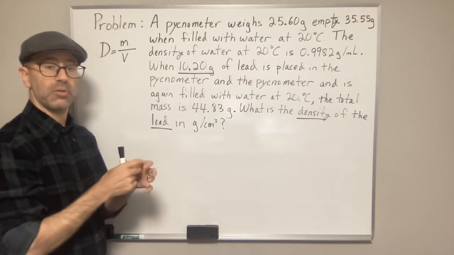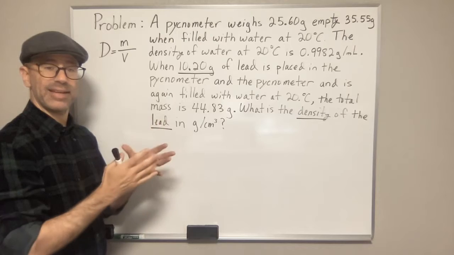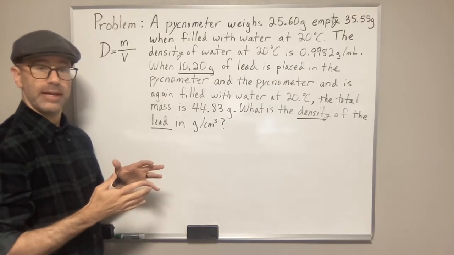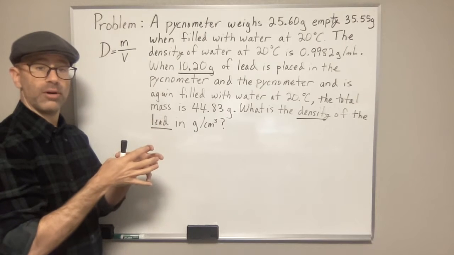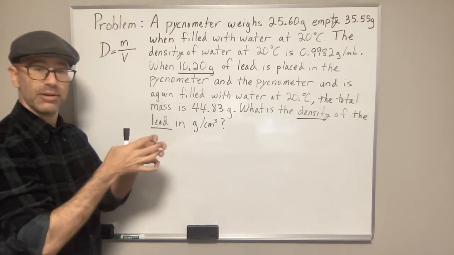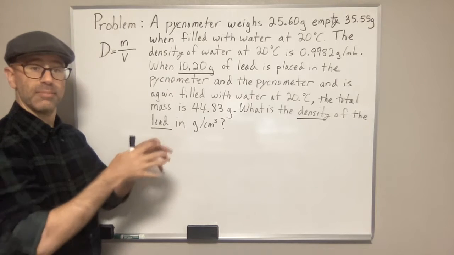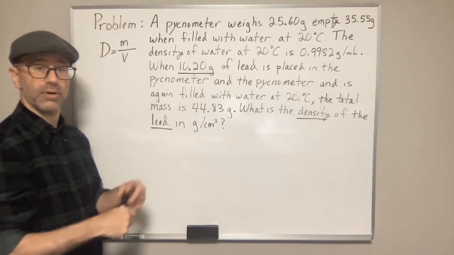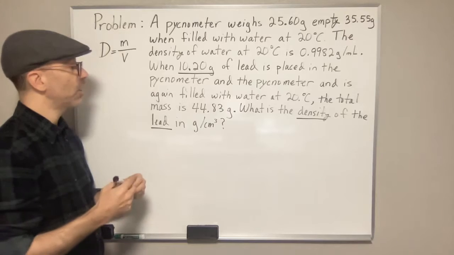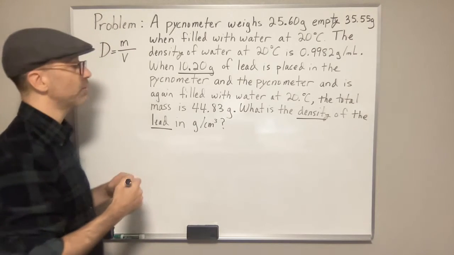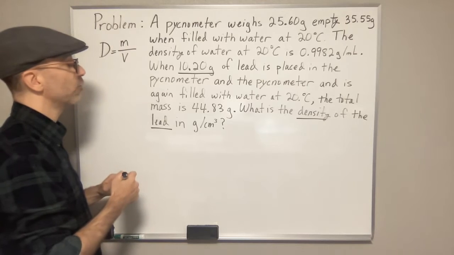So this is where the pycnometer is empty, it has nothing in it, and then you fill it with just water. The volume of the water that occupies the pycnometer should be the volume that the pycnometer can hold. So we can find the volume of the water, which is going to be the same as the volume of the pycnometer as well.